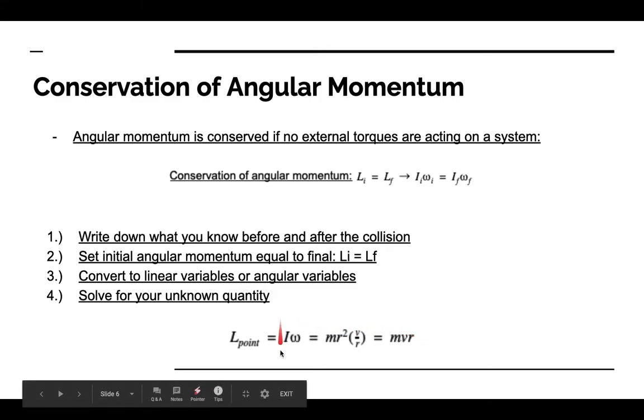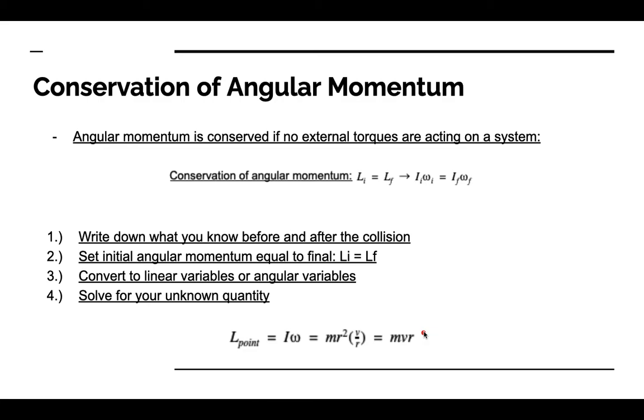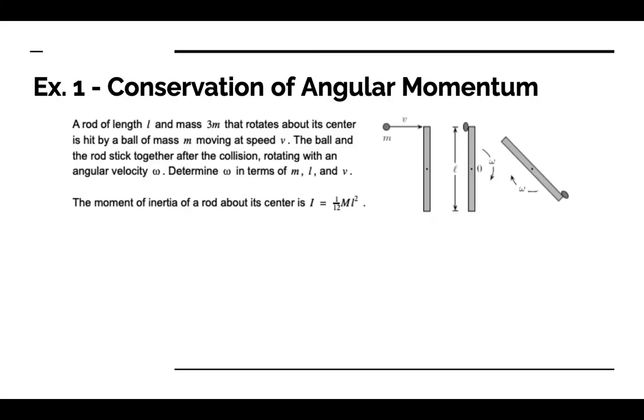The idea being, we start off with the equation for angular momentum, moment of inertia times angular velocity, and we replace moment of inertia with the moment of inertia of a point particle, which is mr squared, and we replace our angular velocity omega with v divided by r, our linear velocity divided by the radius of our object. And so as a result, that gives us mv times r as the angular momentum of our object in terms of linear variables. Okay, so let's see what this looks like in practice.